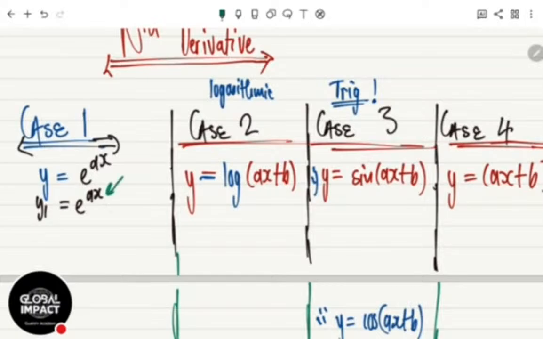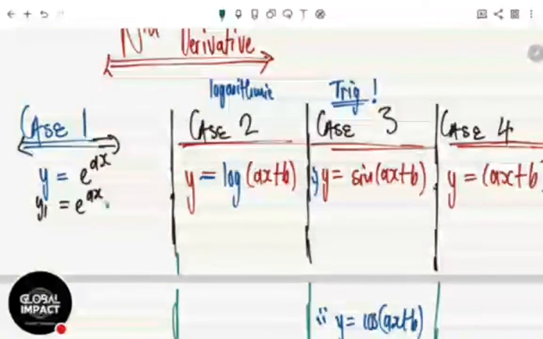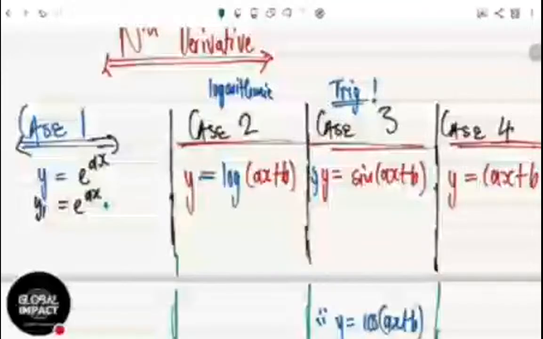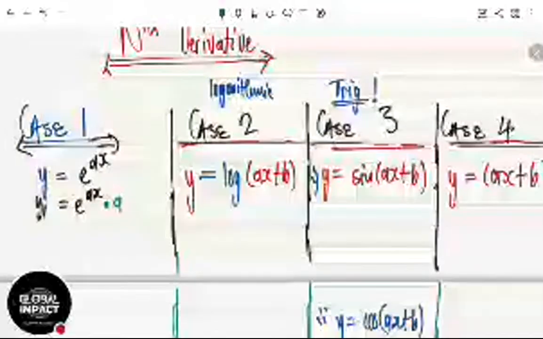But you then multiply by the derivative of ax. The derivative of 2x is 2, of 3x is 3. The derivative of ax is a, and you multiply by that. So your y1 is a e to the ax.